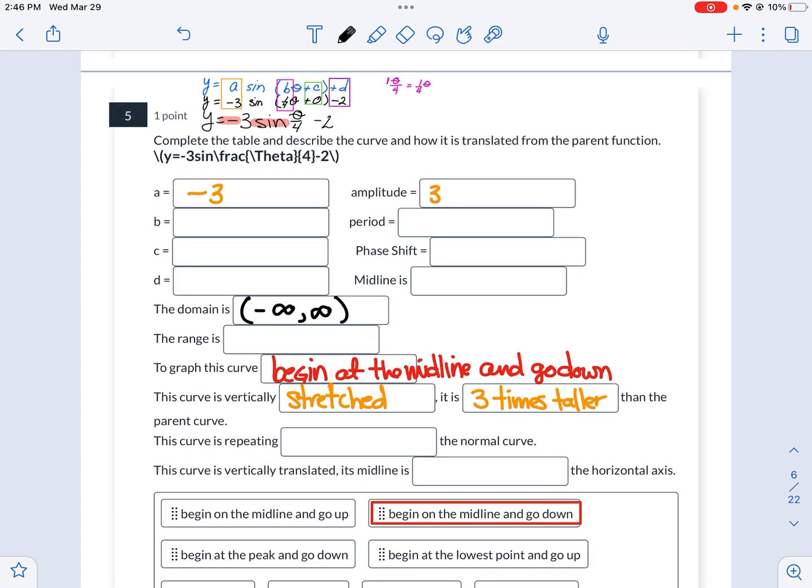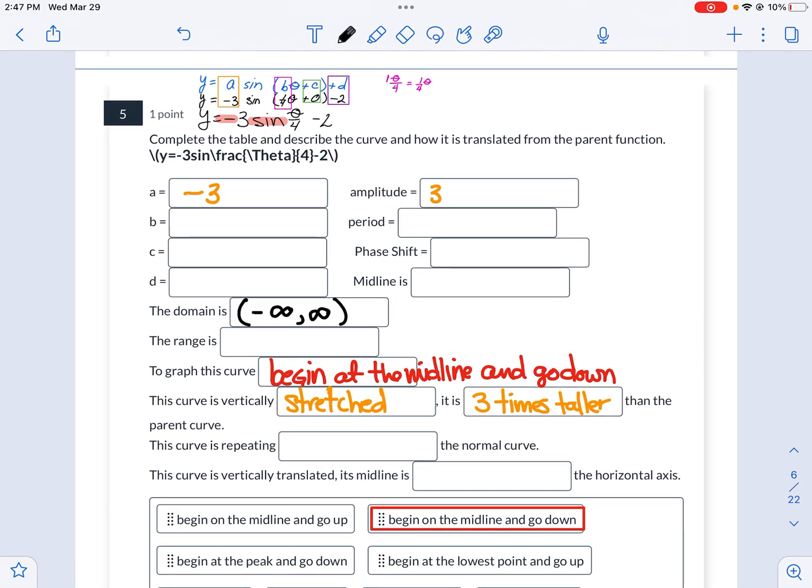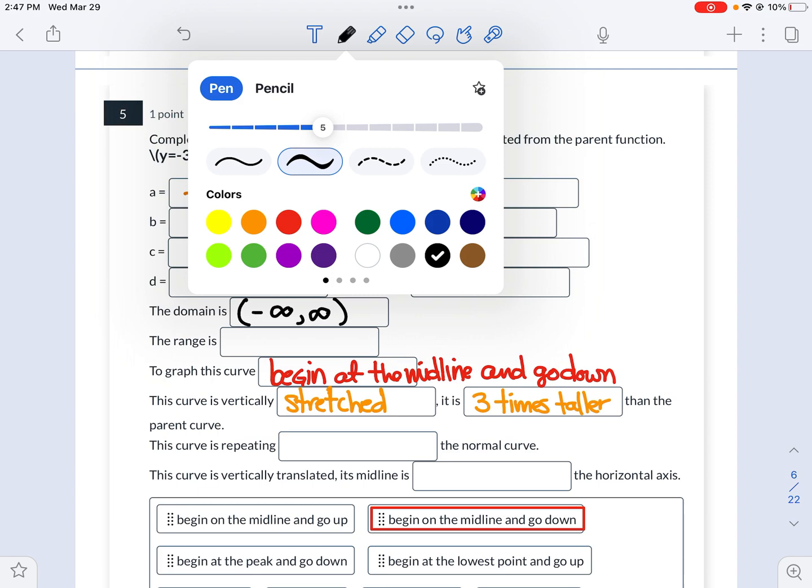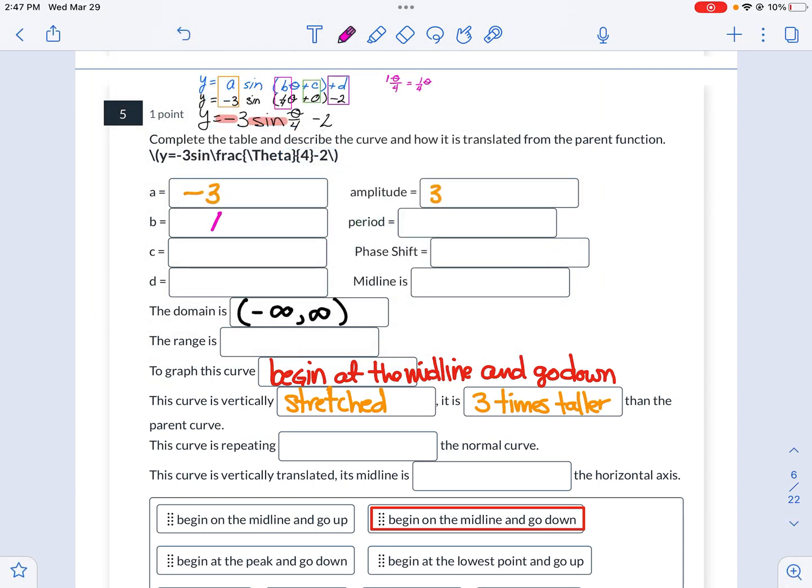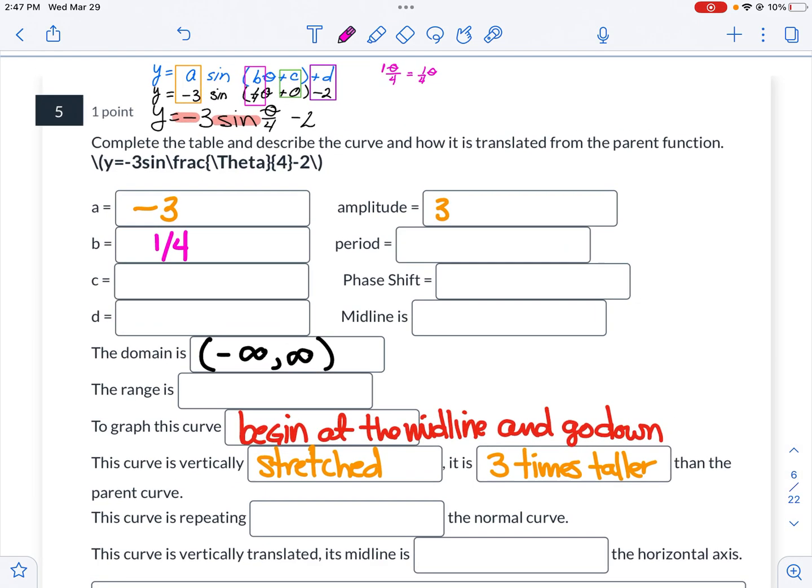Alrighty, B. B is 1, whoops, B is not 1. B is 1/4. So let's talk about that.